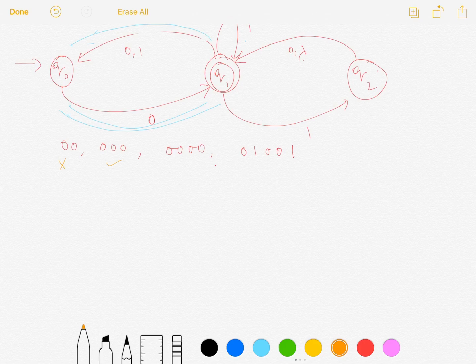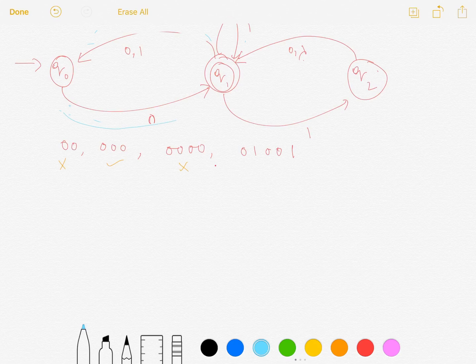Now, in case of 0000 we will do the same thing as in 000. That means after taking 0000, it must come to Q0, so it should not be accepted by this machine. Now, what about 01001?